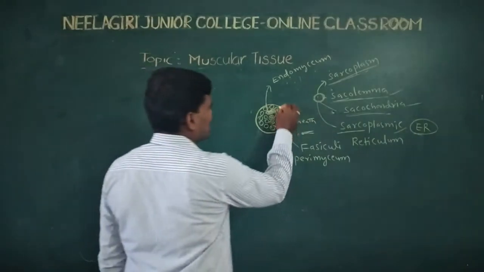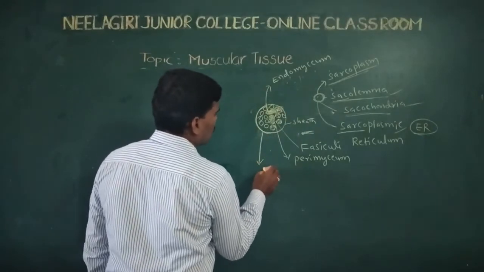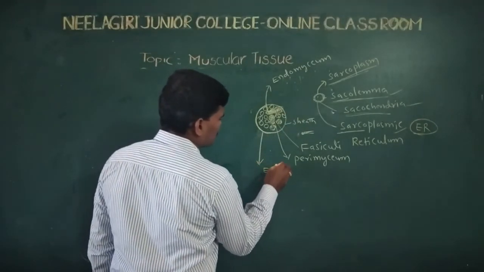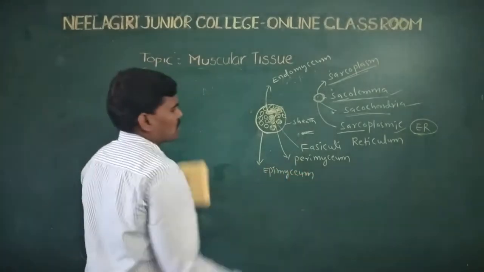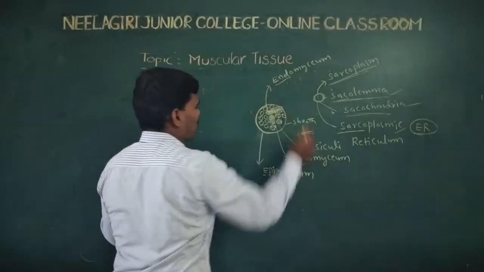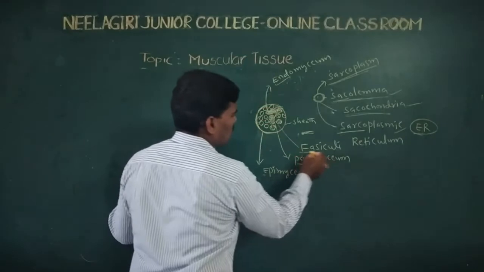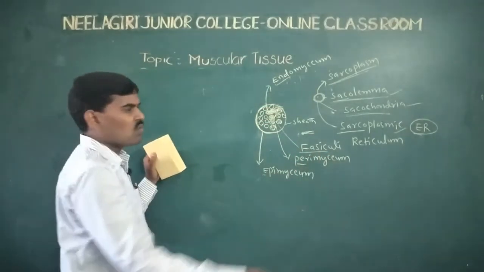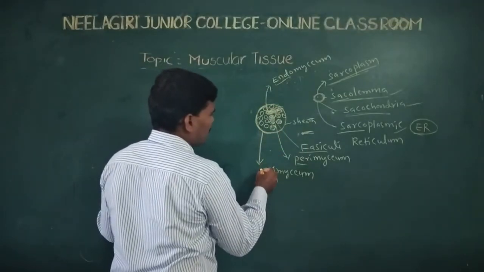This type of sheath or membrane is called epimysium. Epimysium means a number of fasciculi surrounded by one sheath.